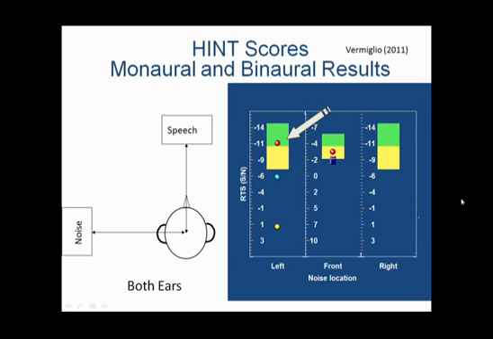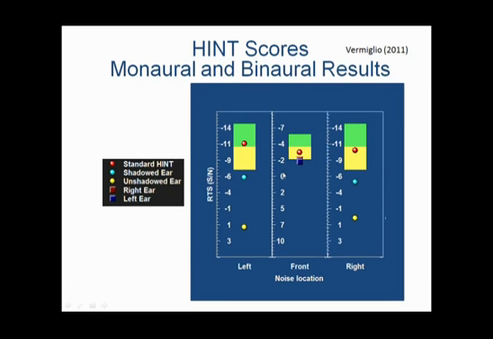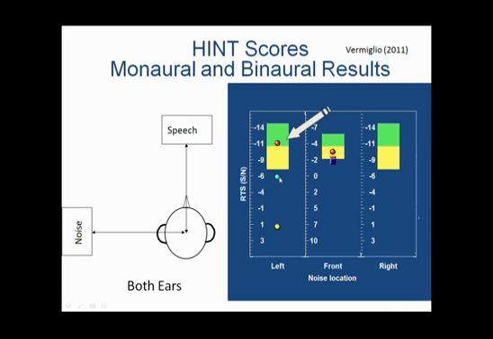Okay, now with both ears on, oh my gosh, look at this score. See this nice improvement? It's a huge improvement. Another way of thinking of it is we take an ear that's getting not a great signal to noise ratio on this side, and we add to it an ear that's getting a really horrible signal to noise ratio, and when you put those two ears together, the brain does this wonderful thing, and we have a huge improvement in speech recognition in noise ability.